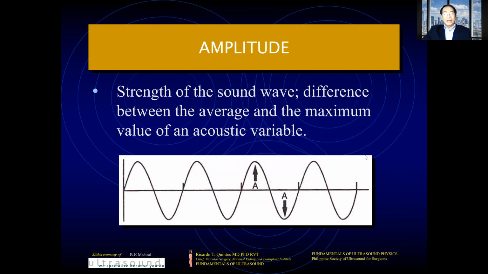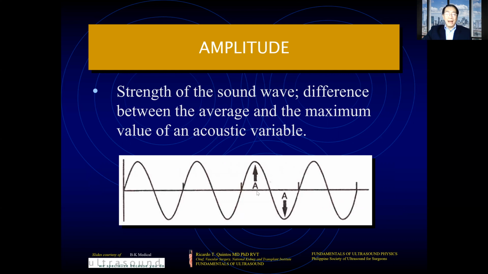The third property of a wave is the amplitude. The amplitude is defined as the strength of the sound wave. The strength of the sound wave is basically the difference between the average and the maximum value of an acoustic variable. So you measure the height or the depth of the wave from the baseline, and that is the amplitude.